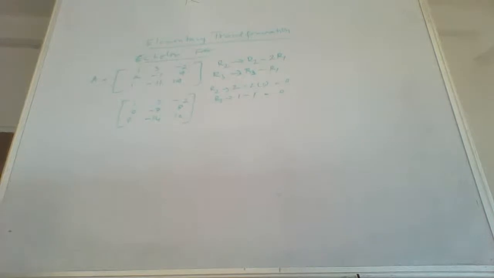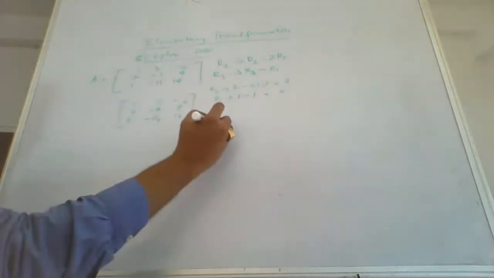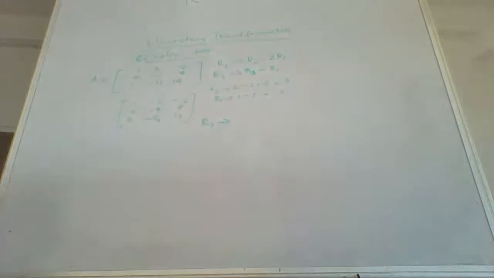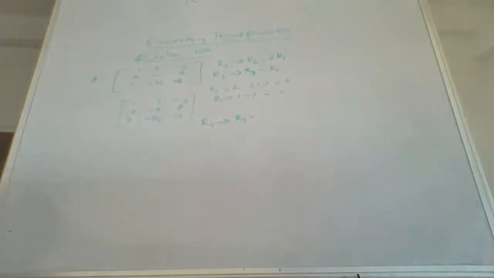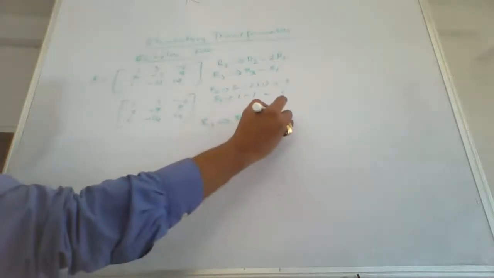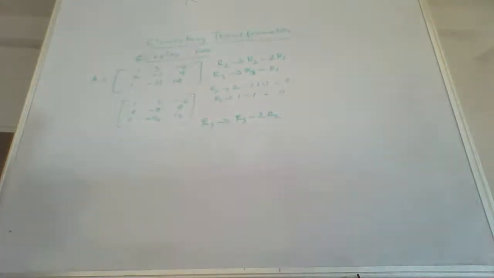Let me further try to solve it. Again, I'll implement another formula on row 3: row 3 minus 2 times row 2. Let me try to solve this now.